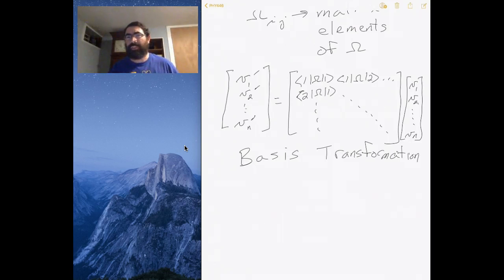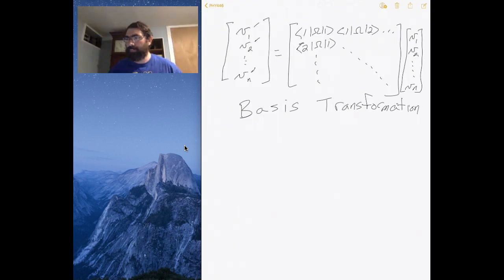So again, this is a lot like rotations in classical mechanics, where if I have a vector v, which I could write as 1, 2, and 3.